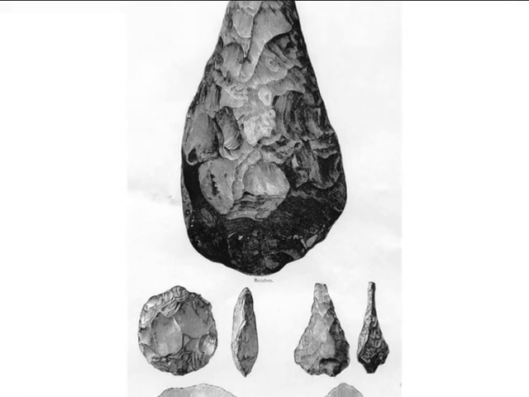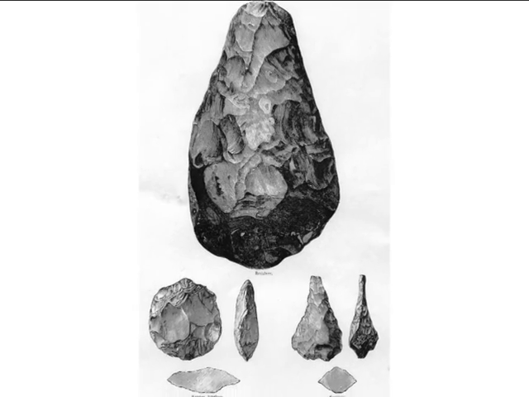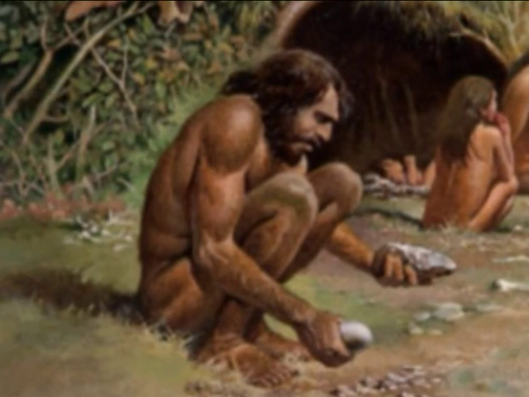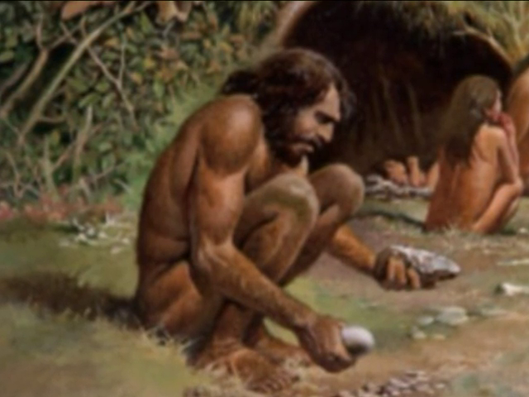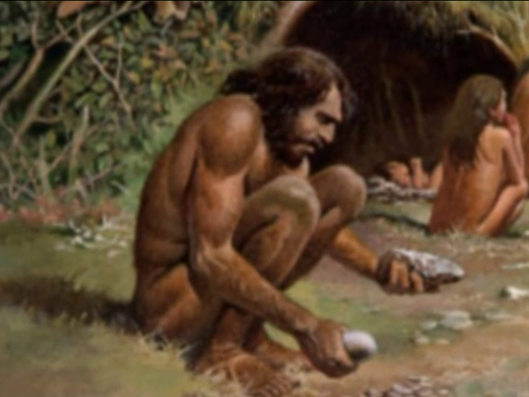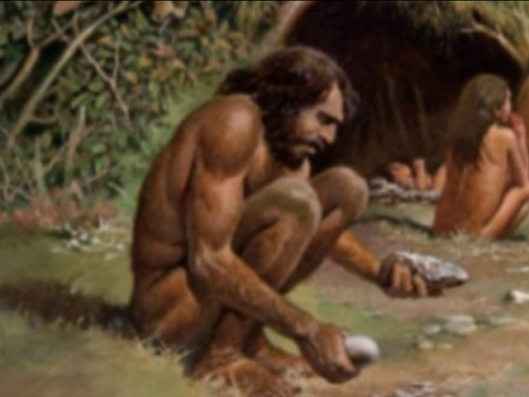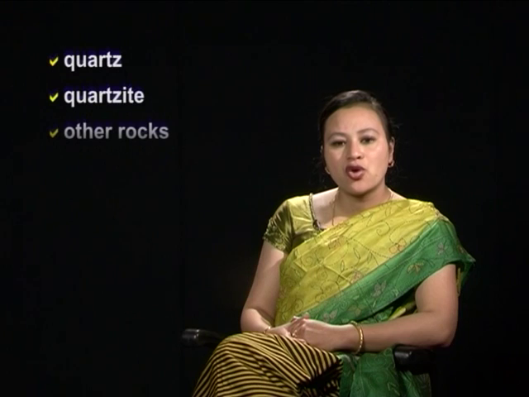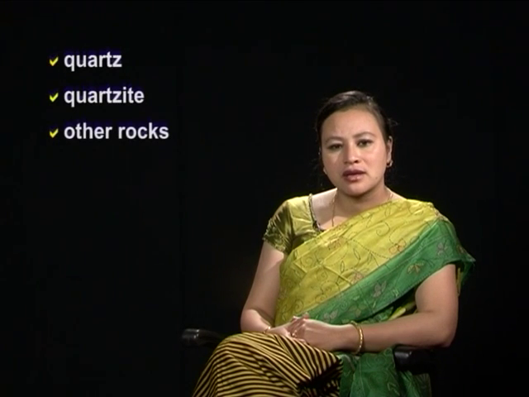The technique for making tools in the Acheulean industry was a development of the earlier technique, namely striking one stone against another, but the choice of stone was refined. Where flint, which was the ideal tool-making material, was not available, quartz, quartzite, and other rocks were used.